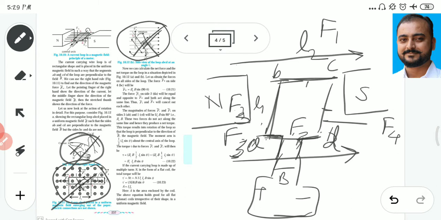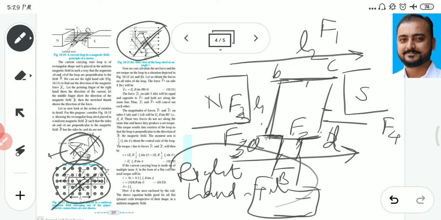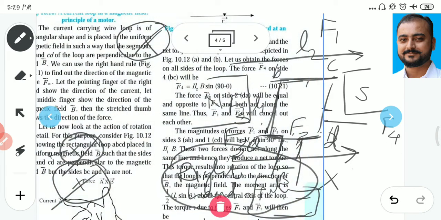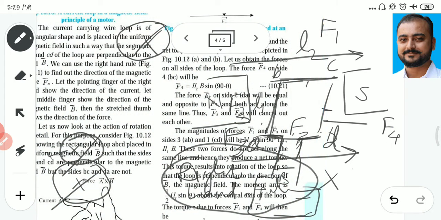One more thing is there. Here only the simple right hand rule is given to you. So forget this rule. Don't apply the right hand rule and don't get confused, because in this rule the middle finger points along the direction of the magnetic field, which is not Fleming's right hand rule.